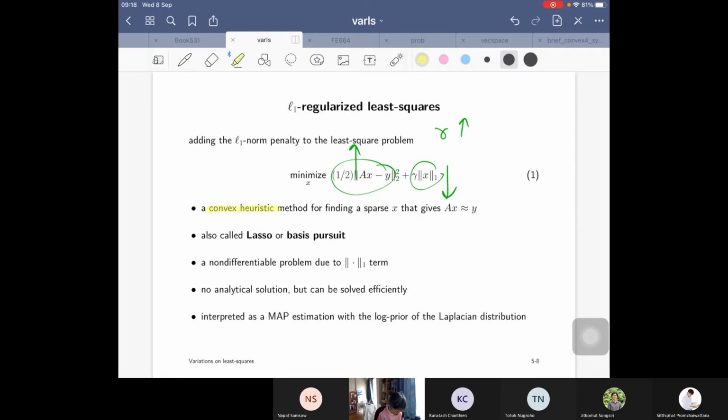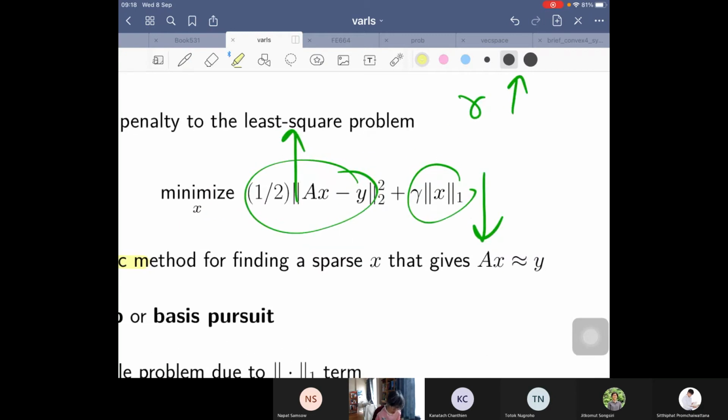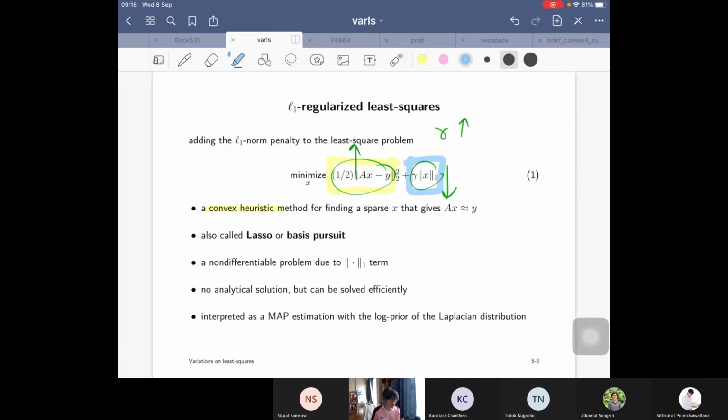I say this is a convex heuristic because, as we have seen in the lecture, the yellow term is a convex function. The blue term is a one norm, and any kind of norm is convex. So the whole problem is convex. In the literature, this problem is called the lasso problem or basis pursuit. It is a non-differentiable problem because of the L1 norm term.